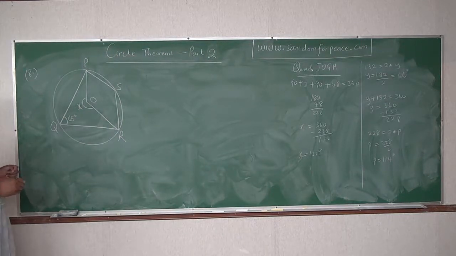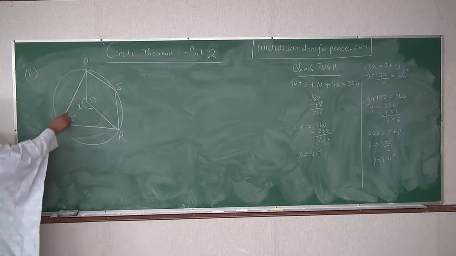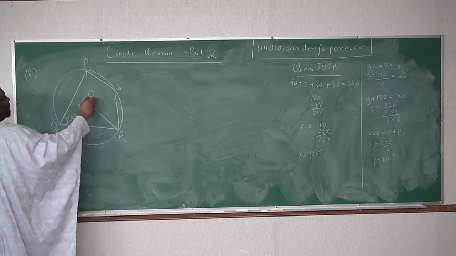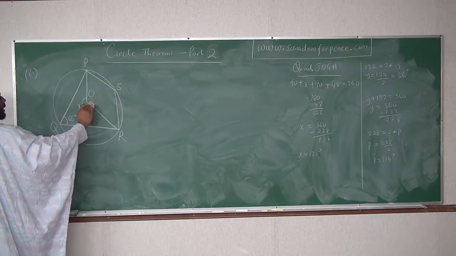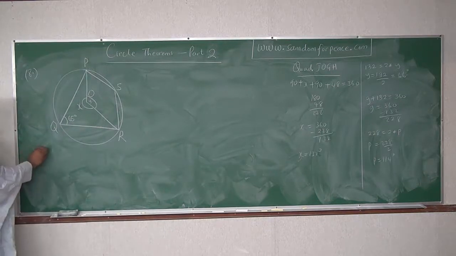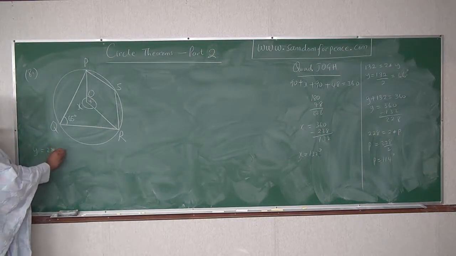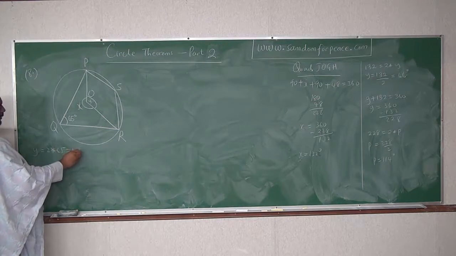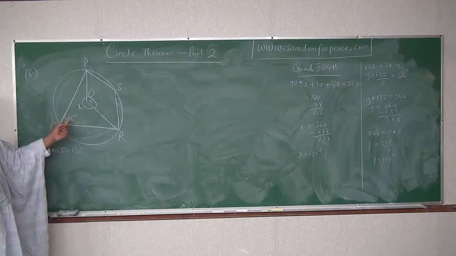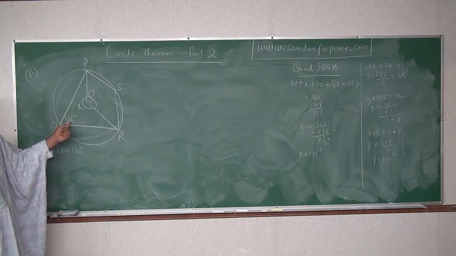If I call this Y here, Y is equal to 2 times 65, and that gives you 130. Reason, angle at center is twice angle at circumference.